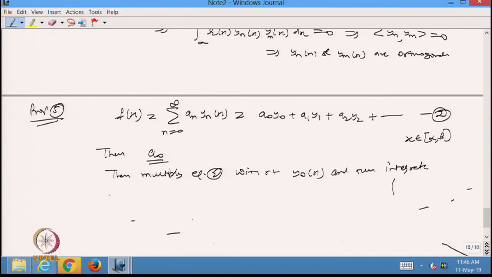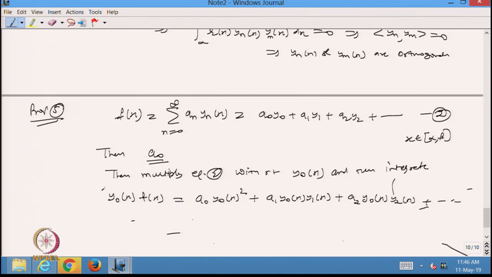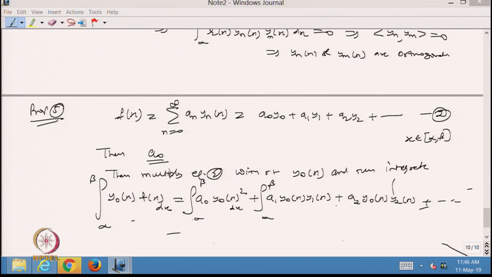So, what I am doing now, I am just taking y naught x f x, it becomes a naught y naught x square plus a1 y naught x y1 x plus a2 y naught x y2 x and so on, and then I am taking the integration with respect to x from alpha to beta, dx, alpha to beta dx, alpha to beta dx and so on.